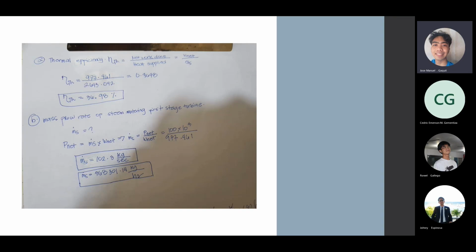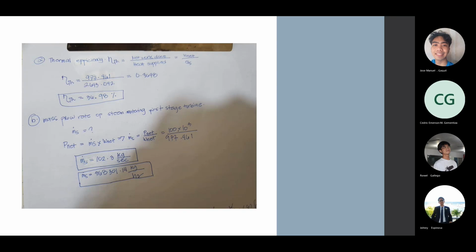And for letter B, the mass flow rate of steam entering the first stage turbine. So we get the net power. Here we'll be using this formula: net power is equal to the mass flow rate times the net work. So the mass flow rate would be equal to this, 102.3 kilograms per second, but it's asking for it in kilograms per hour.